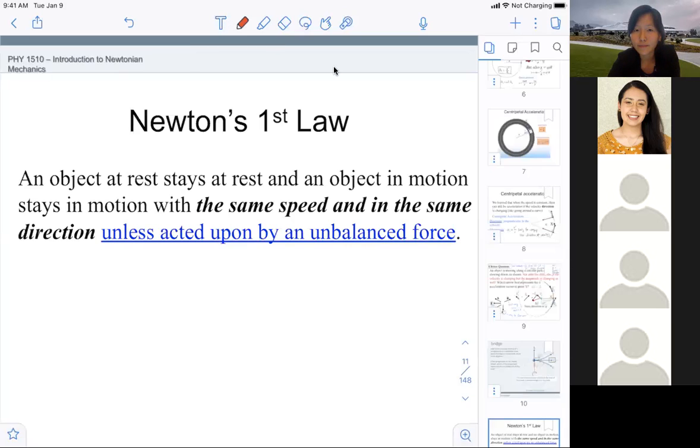The ability of something to resist a change in motion. Yeah. So the word inertia seems to suggest that you have an ability to remain that same speed and same direction, remain that status of motion.